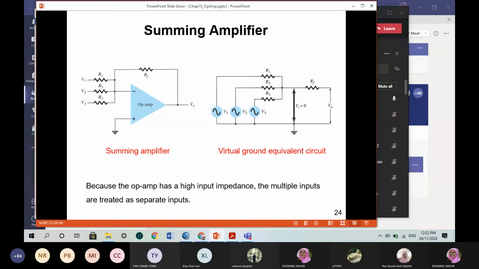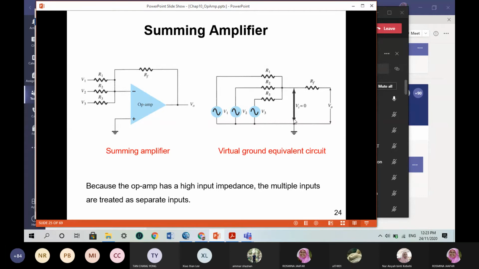Okay, and for this circuit, the AC equivalent circuit will be like this, where you have R1, R2, R3, all in parallel, and here you have a virtual ground.